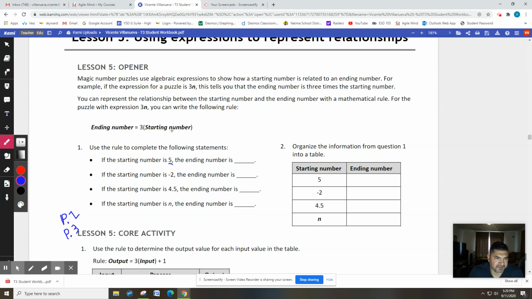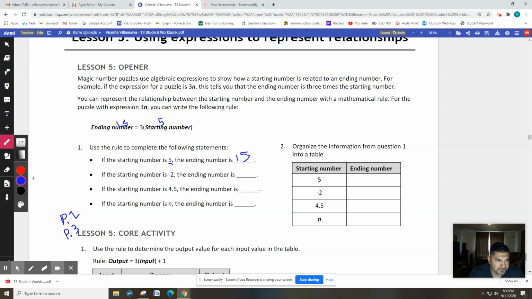So we're going to place a 5 right into here. 3 times 5 will give us, I'll write that in right here. Our ending number, 3 times 5, would be 15. Sorry about my poor penmanship. So down here, we're just going to go ahead and write in 15.